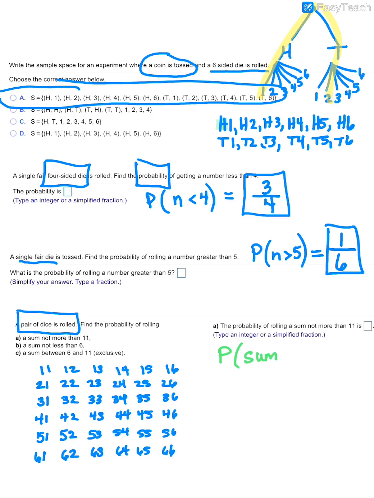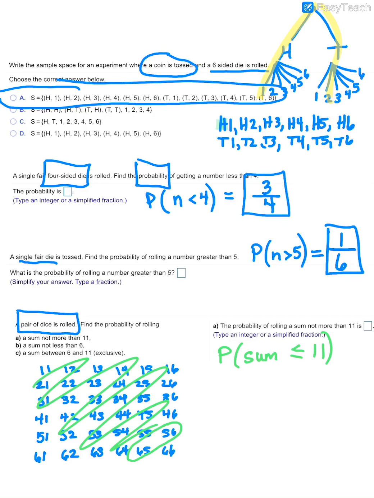So if it is not more than 11, then that must mean that it is less than or equal to 11. And so if I come into my table, these are my sums of 11. And if I don't want to be more than 11, then I want everything that's either 11 or less.